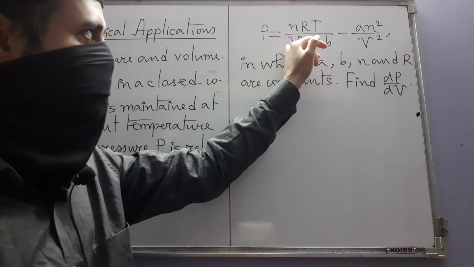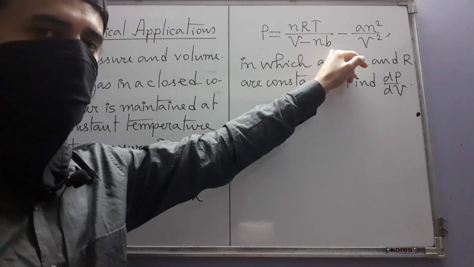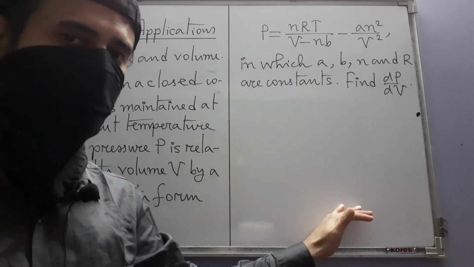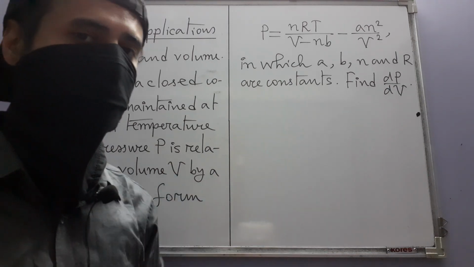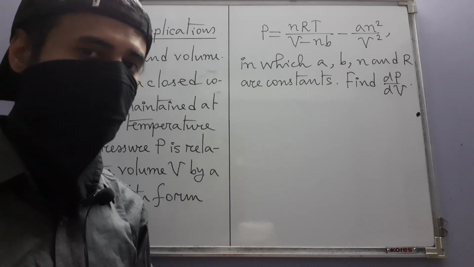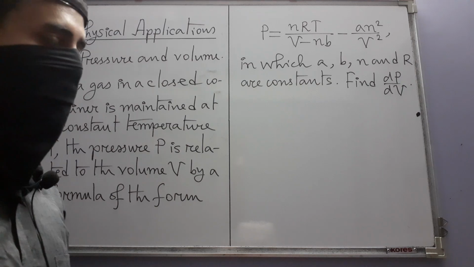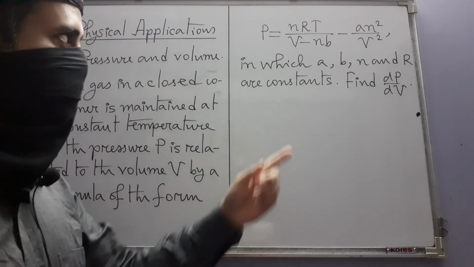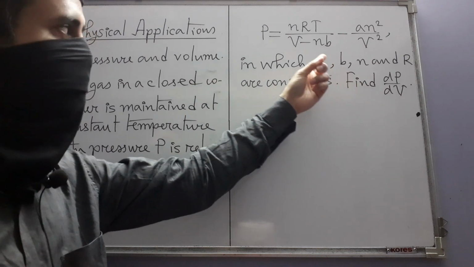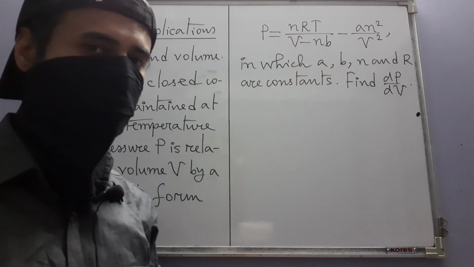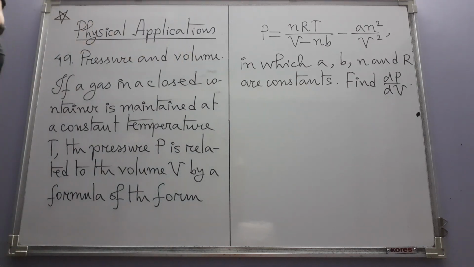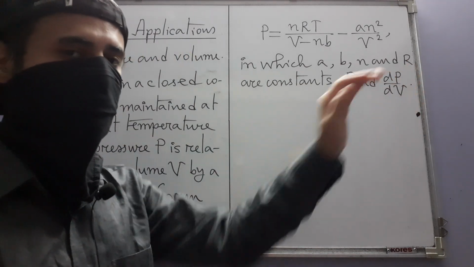If b is 0, here the denominator becomes V. So the formula reduces to P equals nRT divided by V, or PV equal to nRT, the ideal gas law, and that equation is called the ideal gas equation. And there you actually also know what these constants are. R is your gas constant, n is the number of moles. So these are things you already know from physical chemistry. But anyway, let's now find this rate of change.